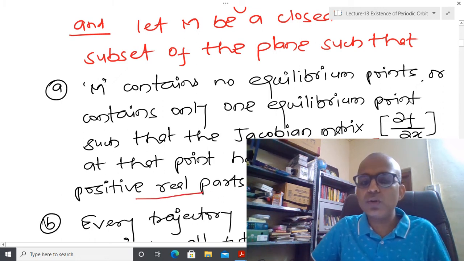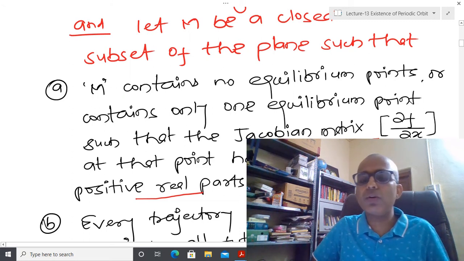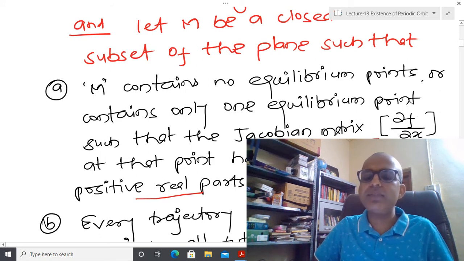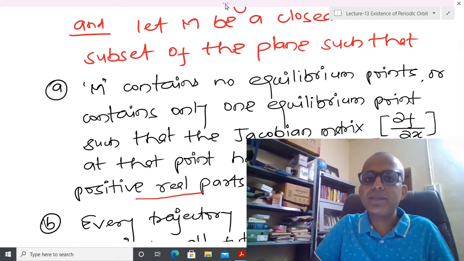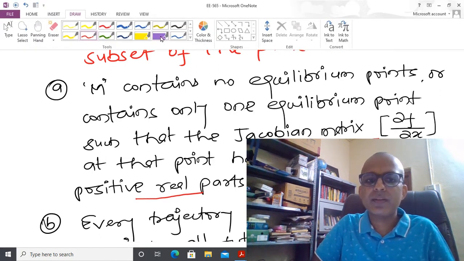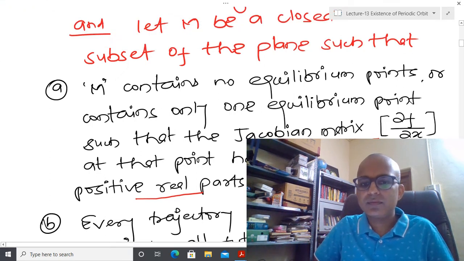So could you please tell me, Silpi, if the eigenvalue is positive for a nonlinear system about some equilibrium point, then what is the behavior of that equilibrium point? Silpi, have you understood my question?